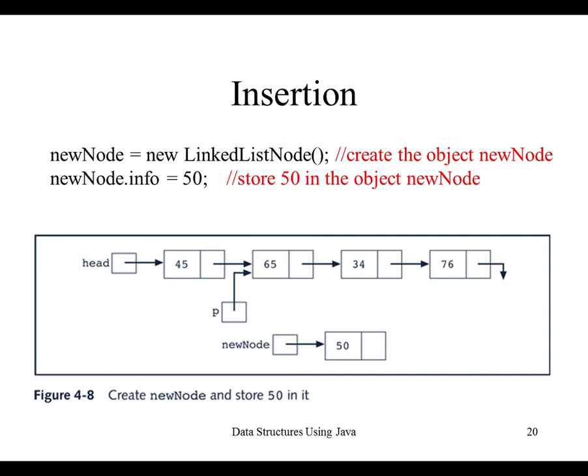This creates the object newNode. newNode.info equals 50. This stores 50 in the object newNode. The first statement creates a node somewhere in memory and stores the address of the newly created node in newNode. The second statement stores 50 in the info field of the new node.